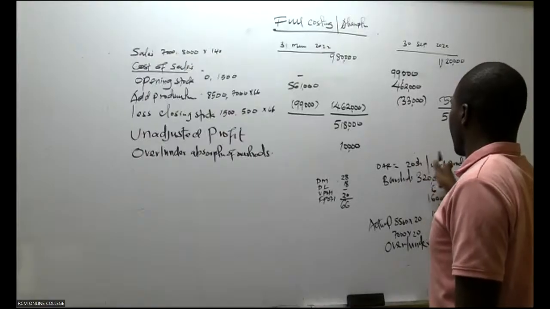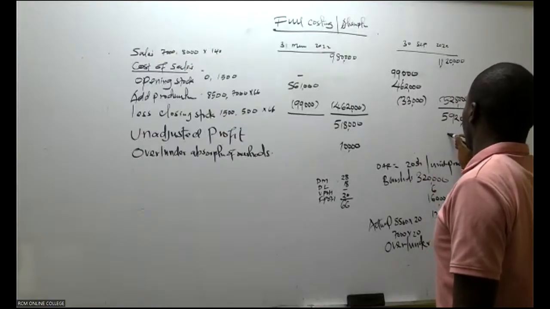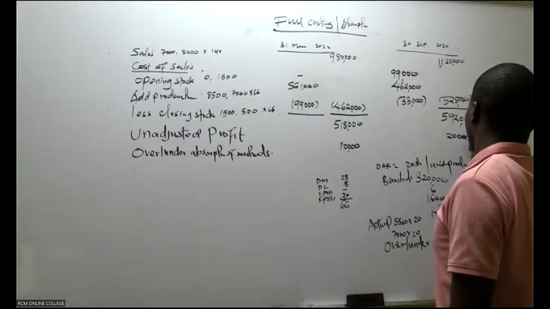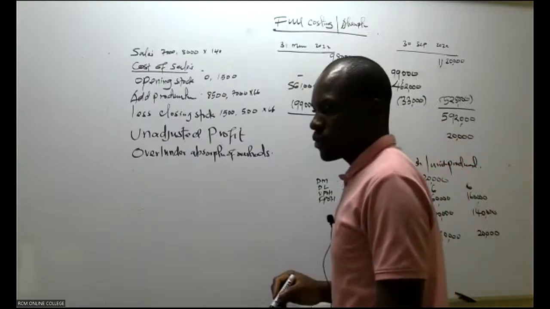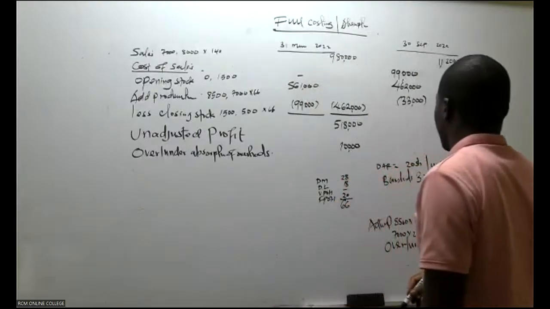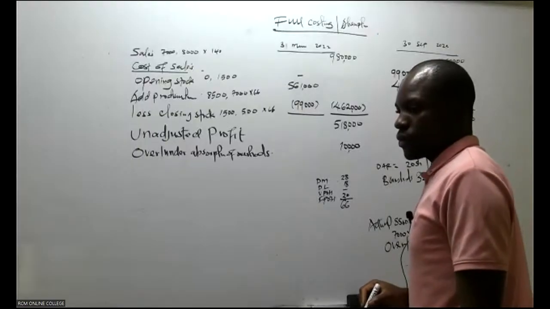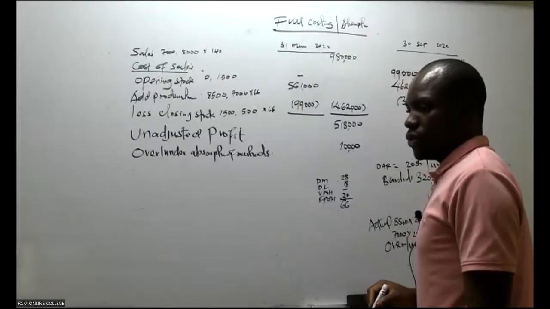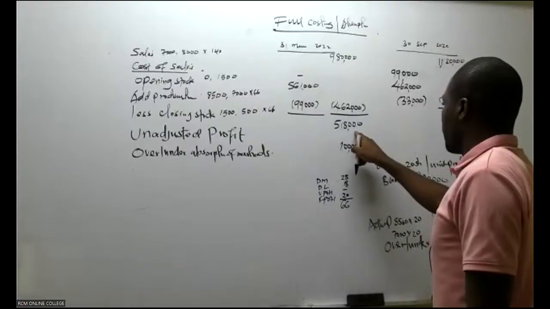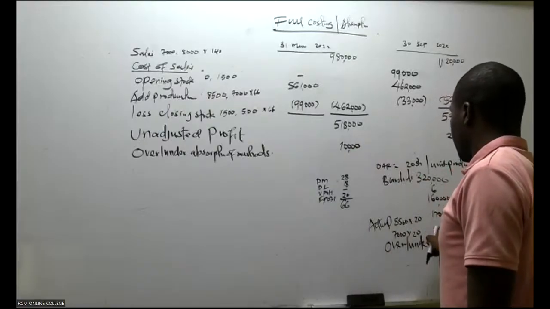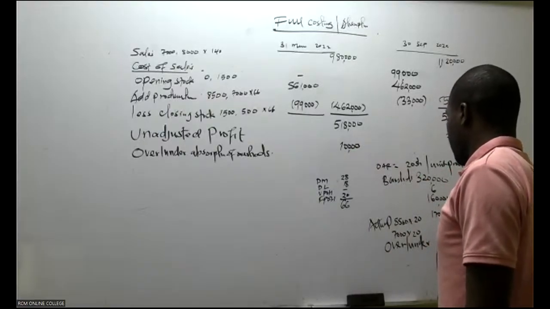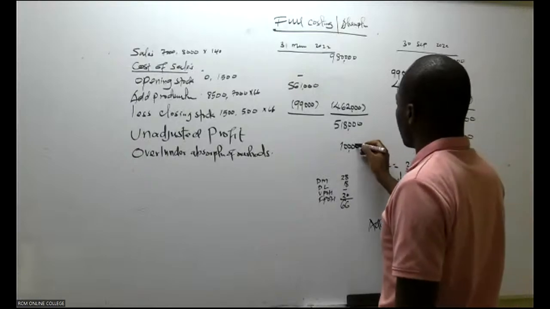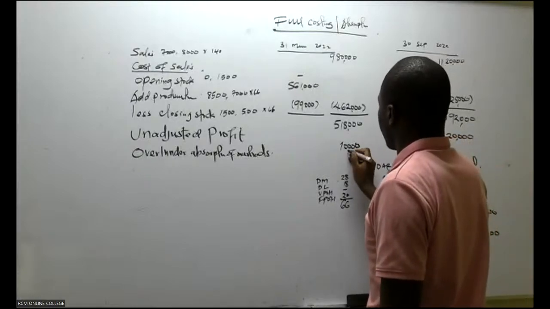I have 10,000 there, and then I have 20,000 here. What do I do? What am I going to do? So here, when I understated, profit was exaggerated, is it? So I need to reduce. Profit was exaggerated.